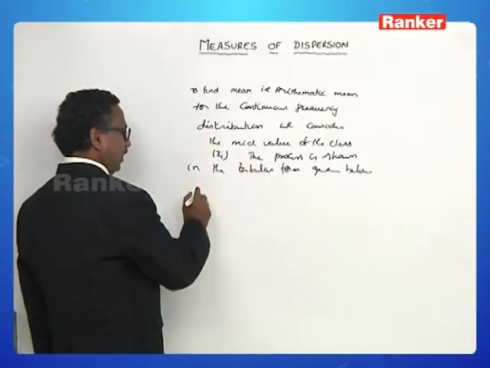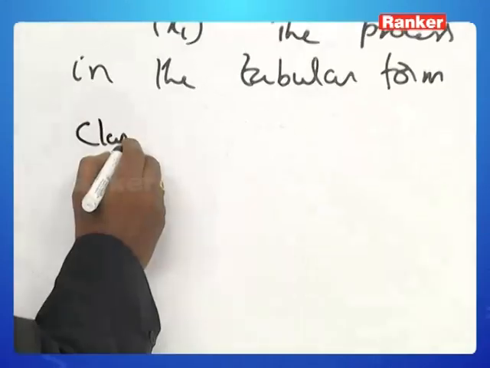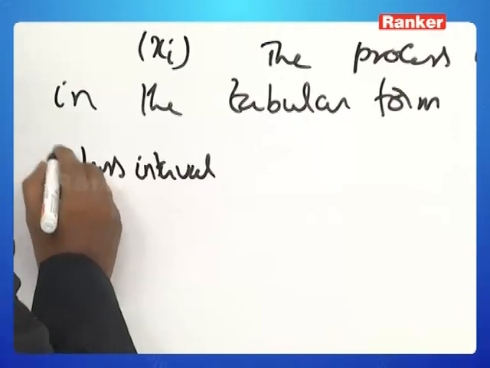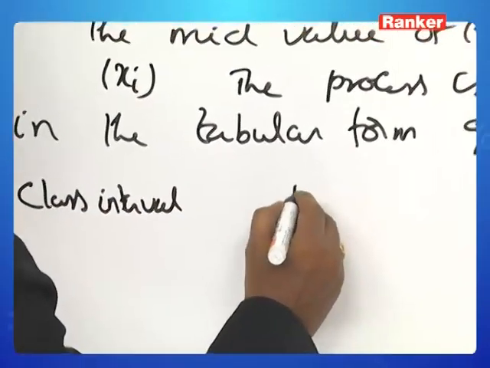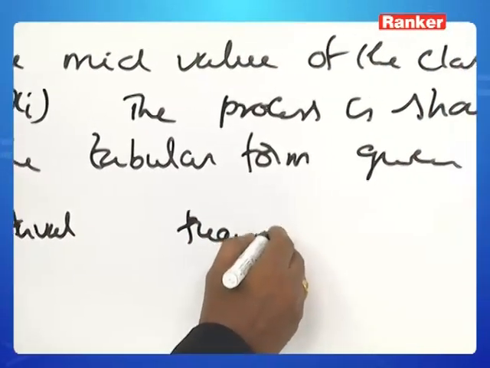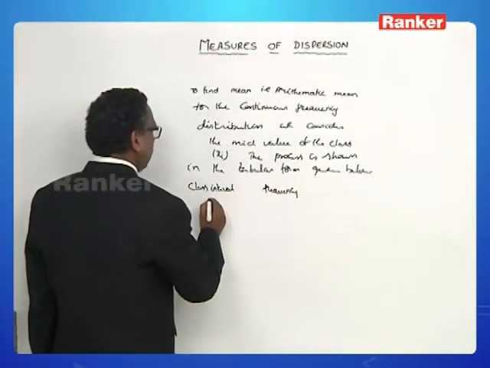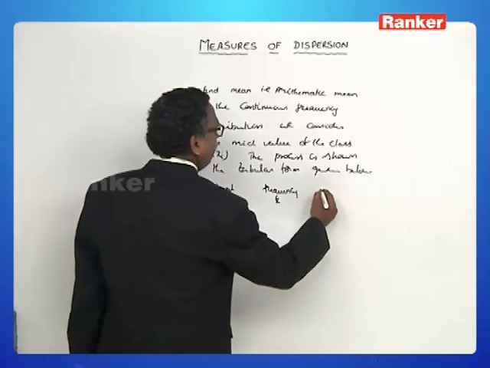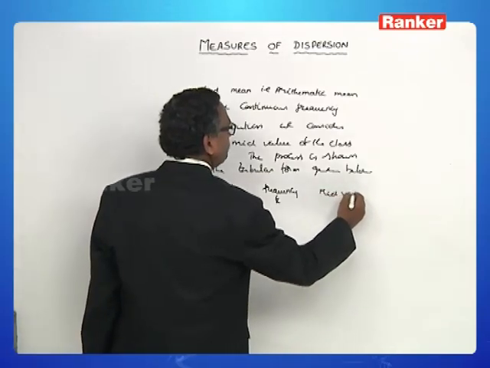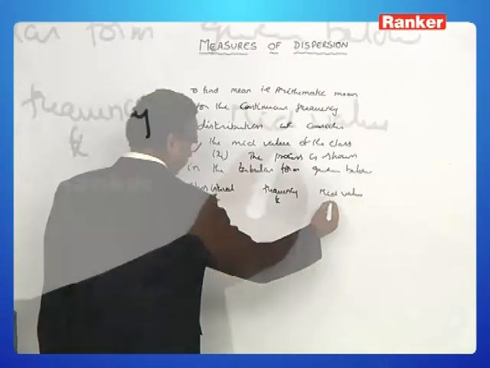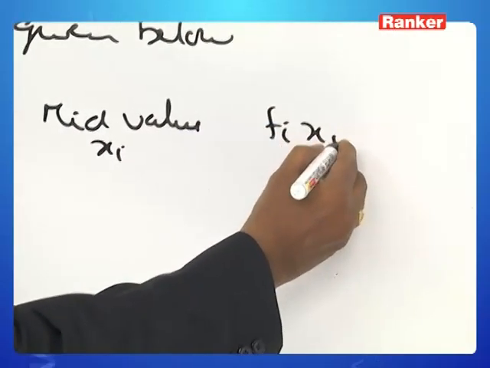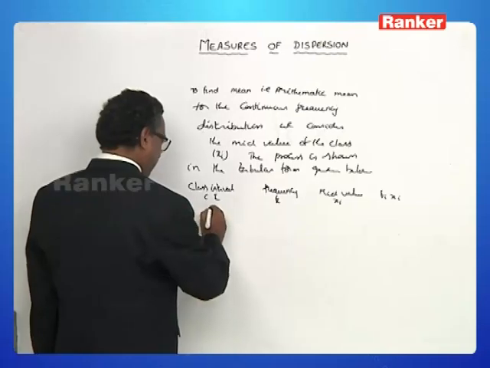Now what is the process? First, the class interval will be given to you, and the frequency will be given to you. Class interval Ci, frequency Fi. Write the mid value of the class Xi. Write Fi into Xi. You can find the mid value from the class interval.